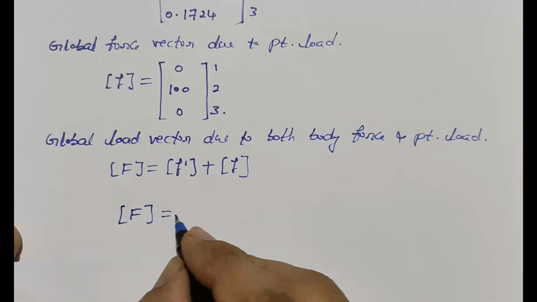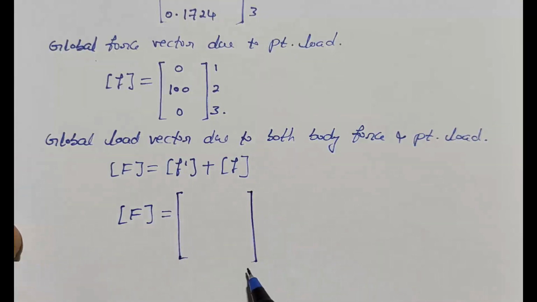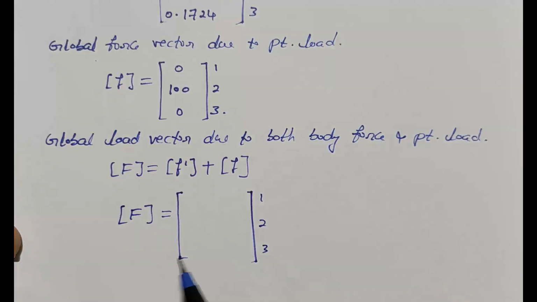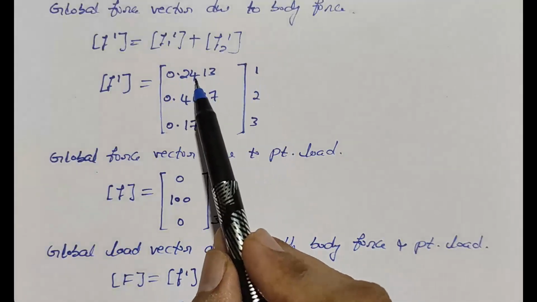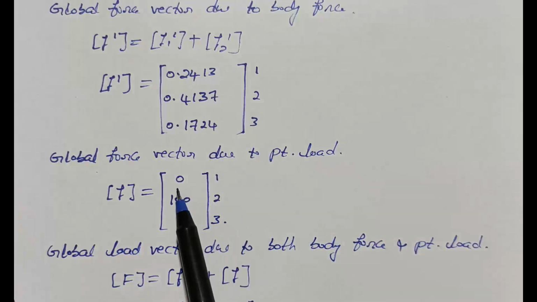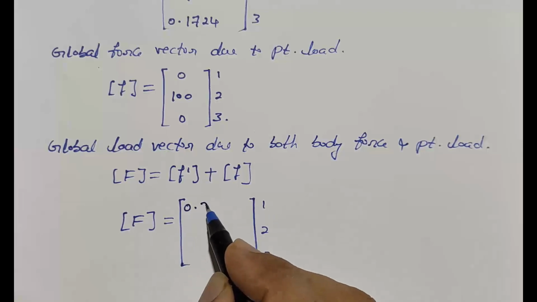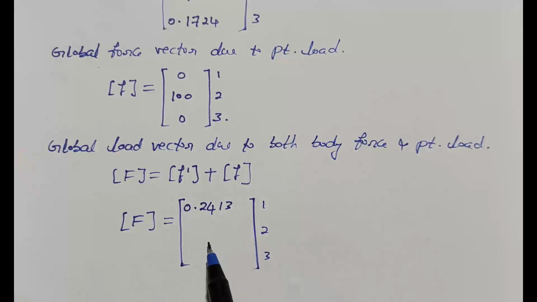F is equal to, I will give the numbering 1, 2, 3. See here, element corresponding to 1. Here we have element corresponding to 1 as 0.2413, but here we have 0. Therefore here the element corresponding to 1 is 0.2413.